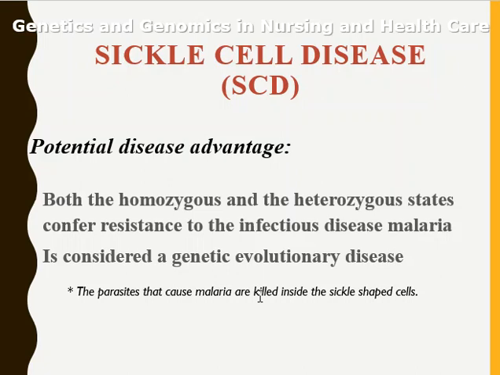However, it only is an advantage in areas where malaria is high, along the equator, close to the equatorial zones. So in this country, it is not an advantage to have sickle cell anemia, but it is an evolutionary trait, or is considered to be one.